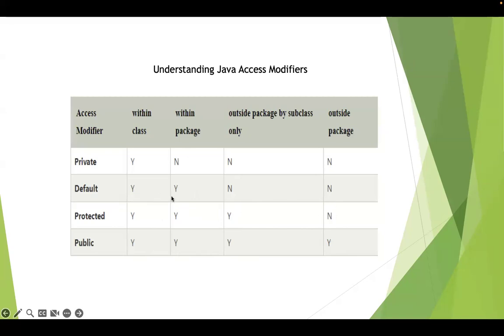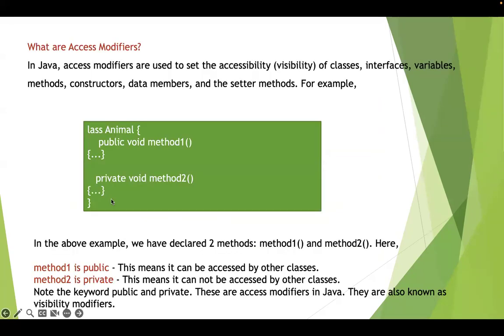When it comes to default, within the class and within the package have access, but subclasses and outside don't. Private is very restricted, only within the class. So outside people can't access it with this method.